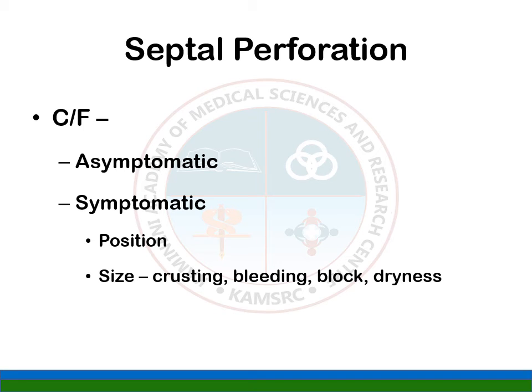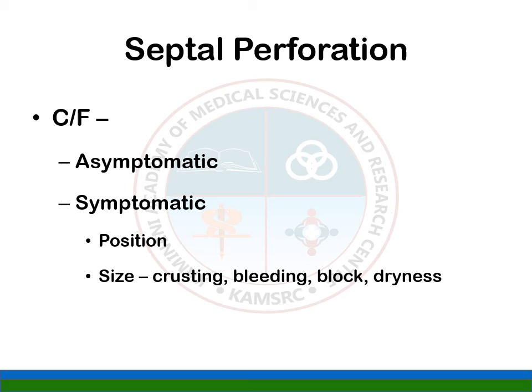What determines whether he will be having a symptom or not? Position. Because if the position of the perforation is in the anterior half or anterior one third, every time he breathes in, there is going to be a whistling sound, or the patient may identify the perforation himself, that there is a rent in the nose.